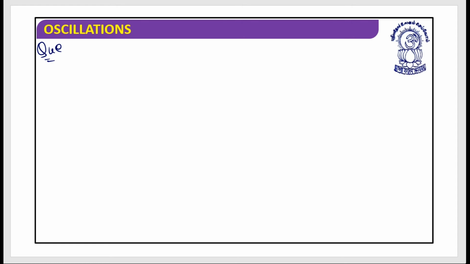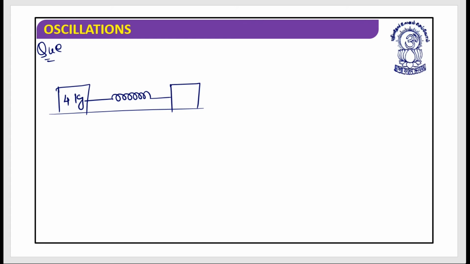So the situation is something like this. This is the system. This is a mass of 4 kg. This block is of mass 2 kg.